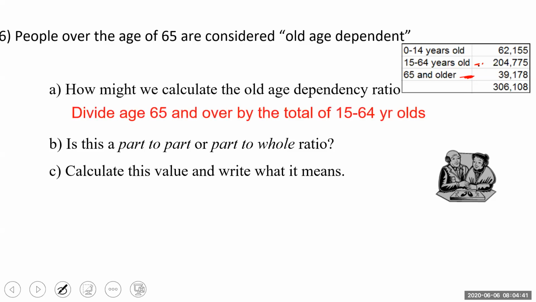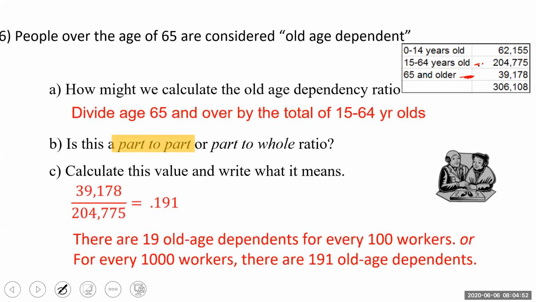So divide age 65 and older by people who are 15 to 64. And that is a part to part. And you want to do that and you interpret that as such. Is that okay? So first we look at child dependency ratio. Now we just look at old age dependency ratio.